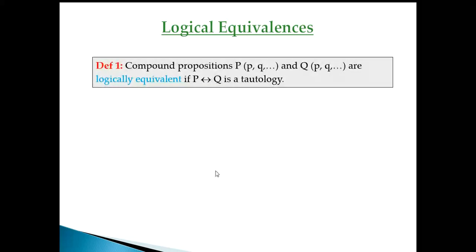So what is logical equivalence? We can define logical equivalence in two ways, and we can verify that compound propositions are logically equivalent in two ways. Suppose we have two compound propositions, capital P and capital Q. Capital P is a compound proposition in which small p and small q are the variables, for example p implies q, or p or q, or p and q.